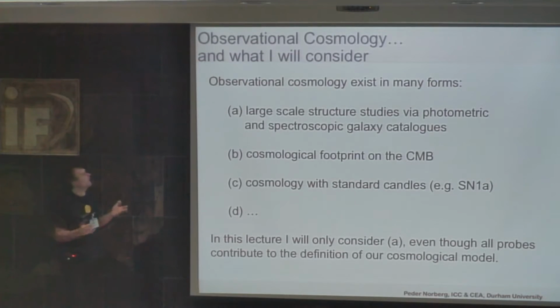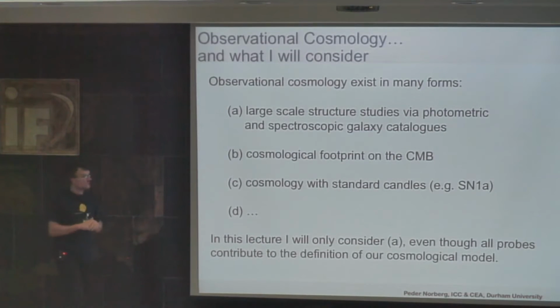Observational cosmology, as this first lecture is about, can have many parts, and actually Salman did a great job introducing the many different forms of it. You typically have the large-scale structure studies, with photometric and spectroscopic galaxy catalogs. That is a very big avenue now, and it fits in well with Mariana's starting point of these lectures.